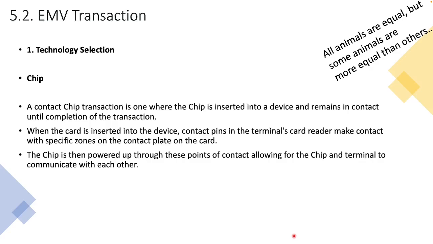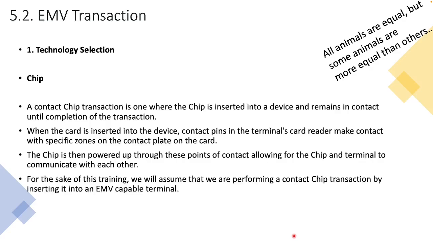It powers the chip up, so it's basically supplying power to this microcomputer that we know lives on this card. Once it's powered up, it can function as a computer, and it can communicate with the POS device. I've already mentioned, for the sake of this training, let's assume that we are focusing on a contact chip transaction, and we're going to insert it into an EMV capable terminal.